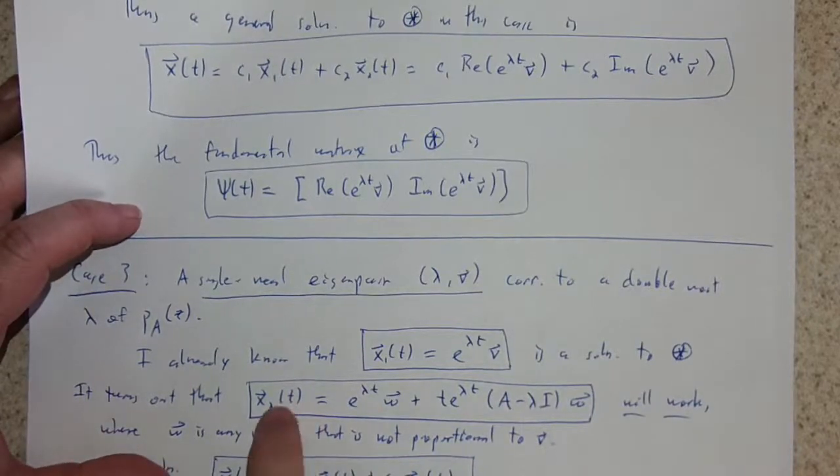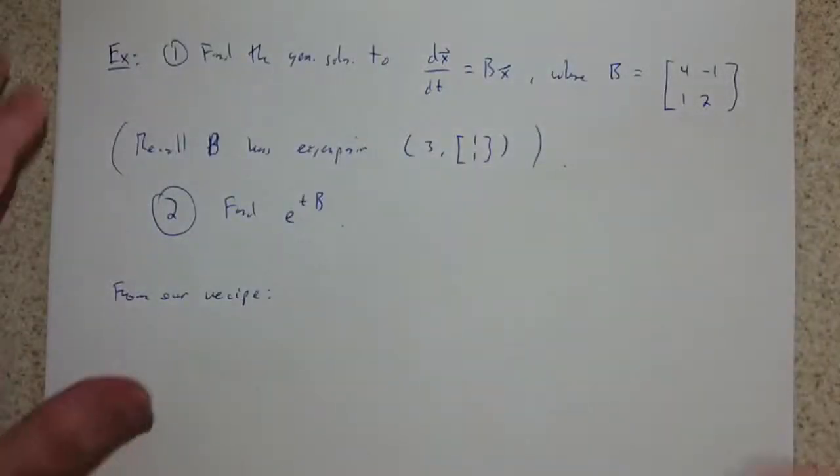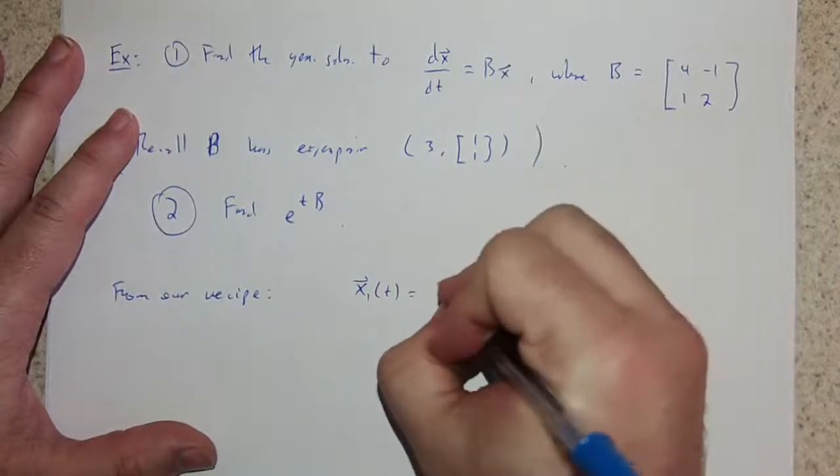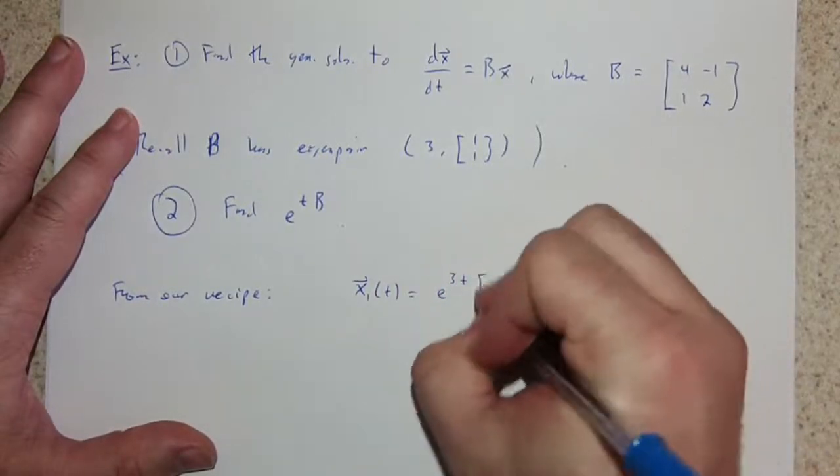But then the second solution was slightly different. x sub 1 of t is easy to find. It's just e to the 3t times (1, 1).